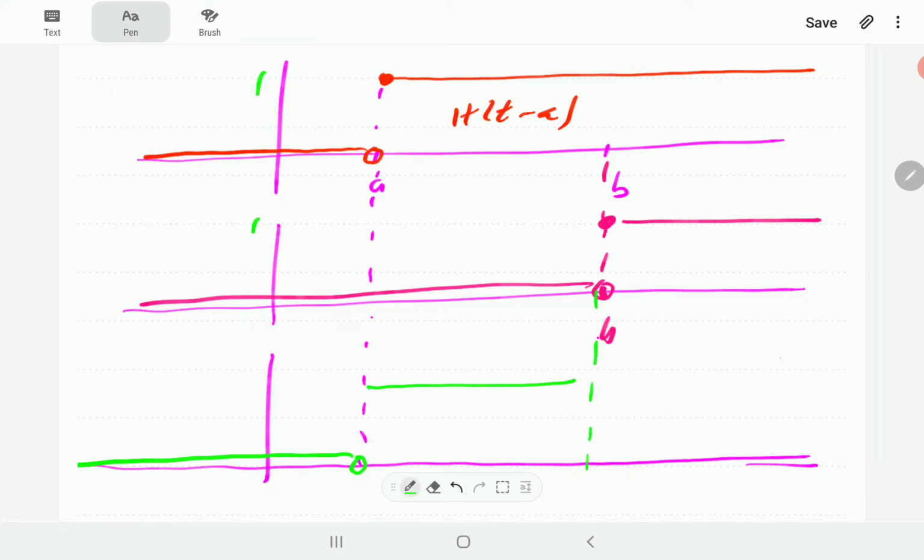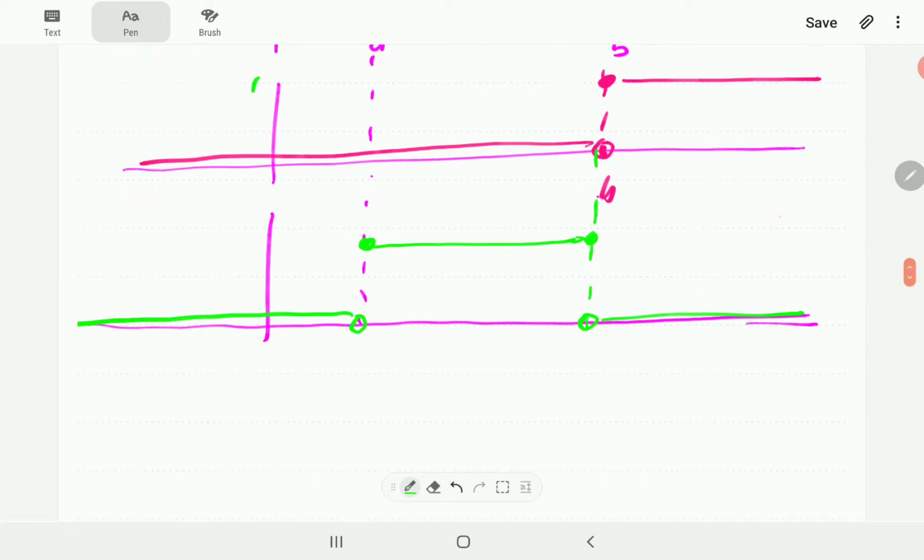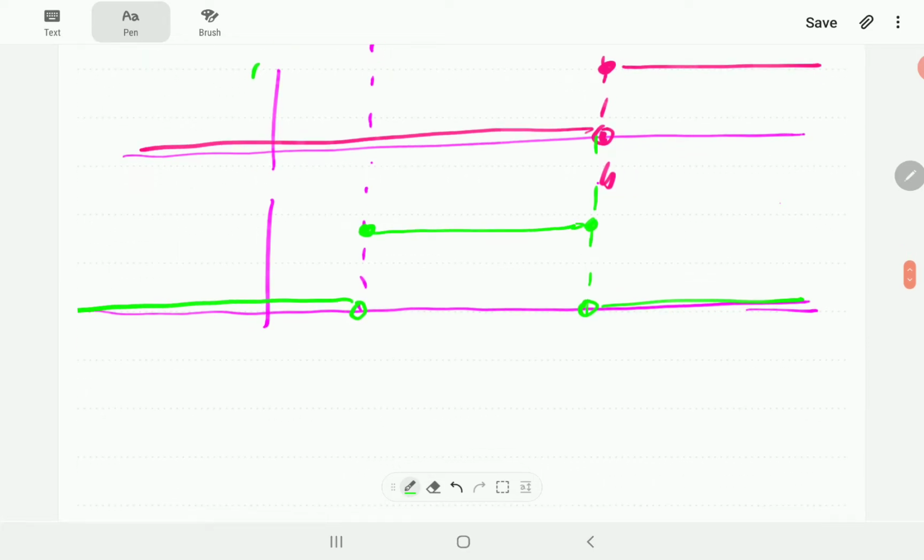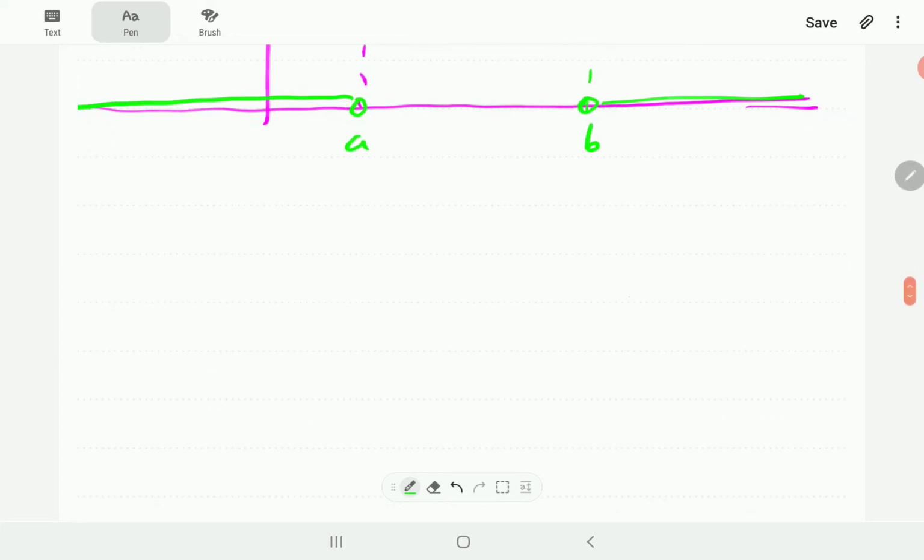And lastly, in the region to the right hand side of B, the first function is 1 and the second function is also 1, so when we subtract, we get 0. So what happens is we get a box-like function between A and B.